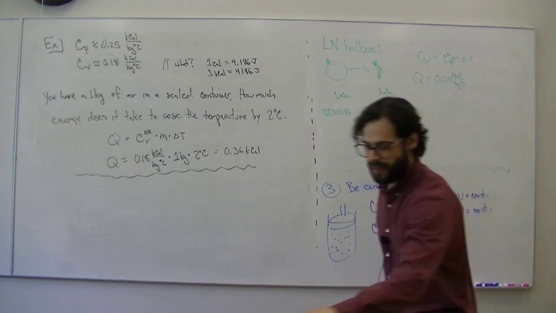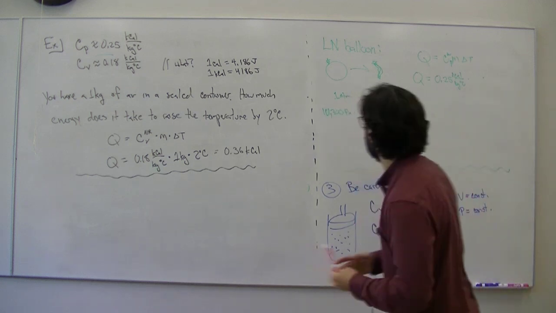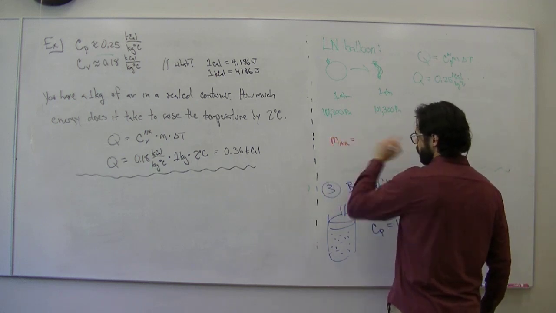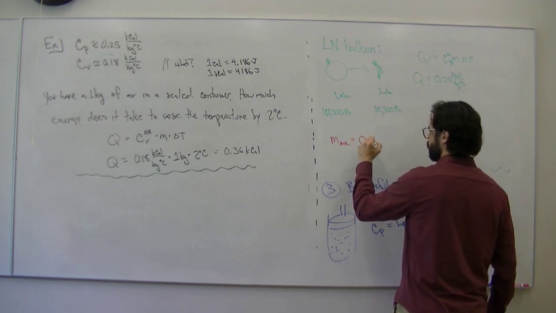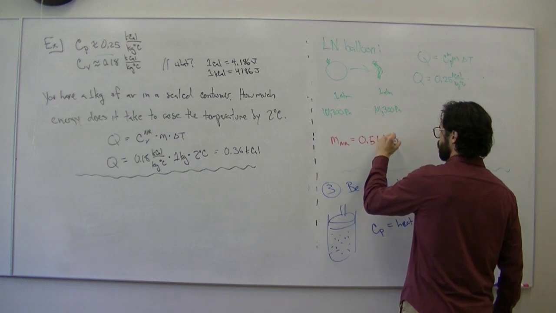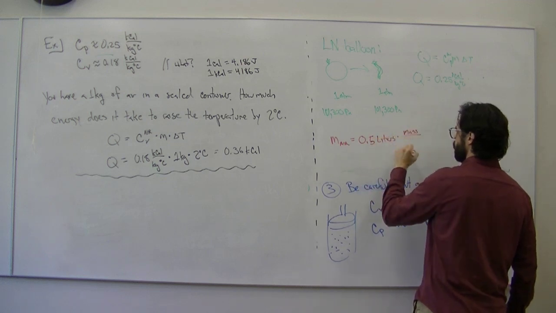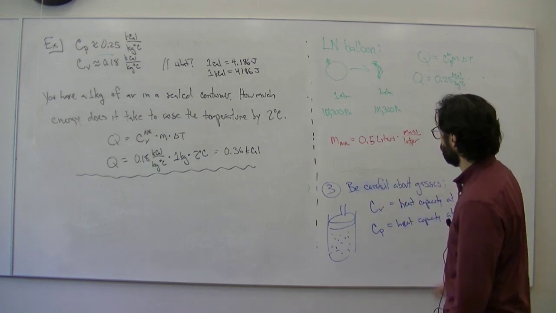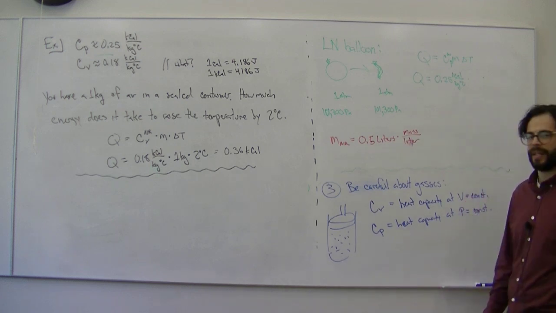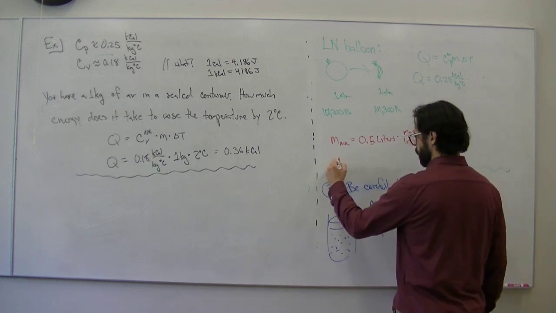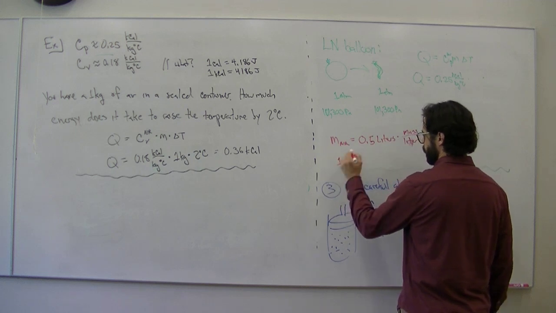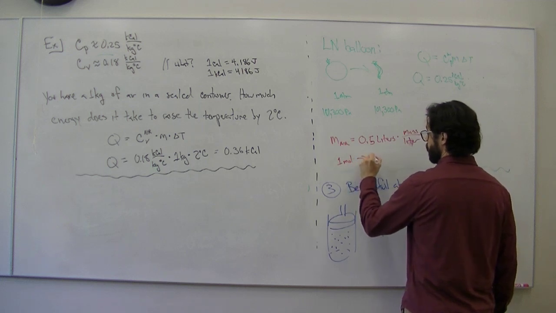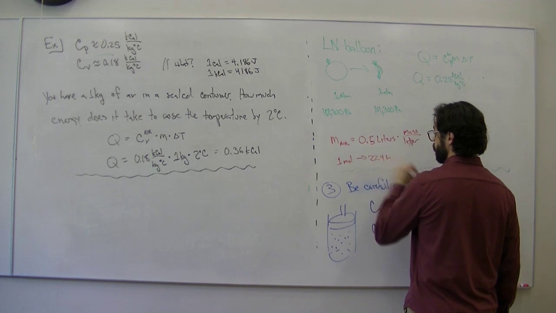So a little sidebar, until this is stuck in your head, it's worth going over and over. So the mass of the air in that balloon, I think it's about 0.5 liter. So what I really need is the mass per liter. And two ways of getting this. One is if you remember the mnemonic that 1 mole of air, or actually 1 mole of any ideal gas at STP, takes up 22.4 liters.